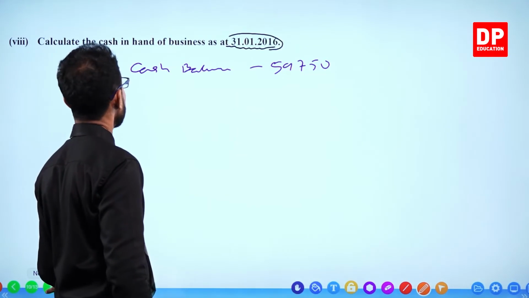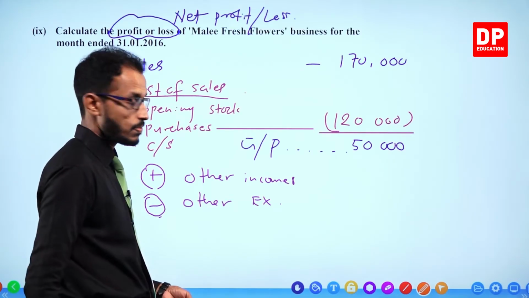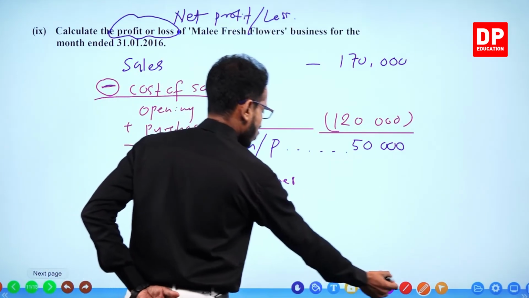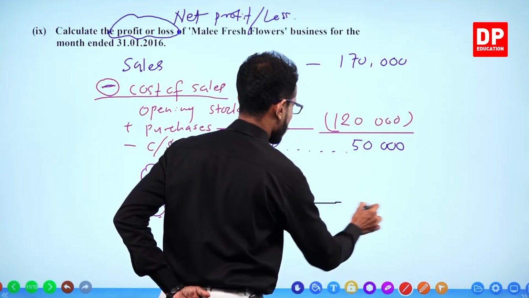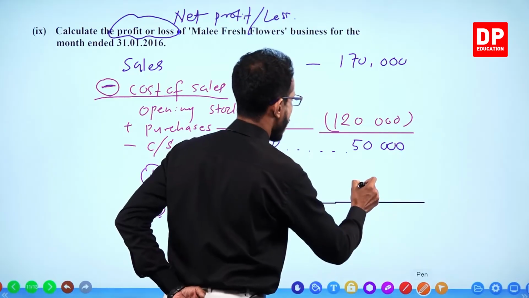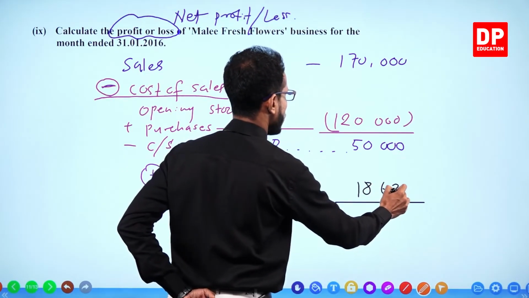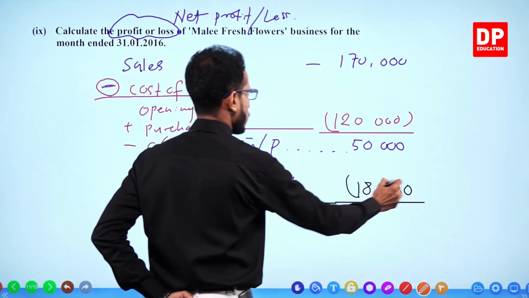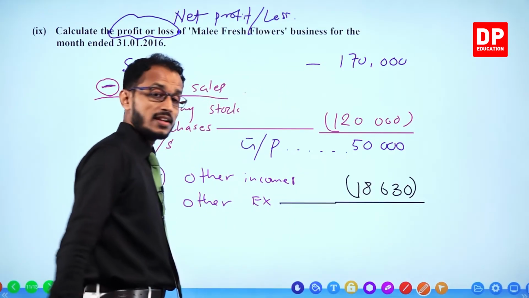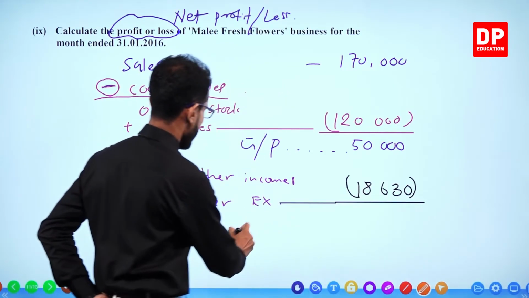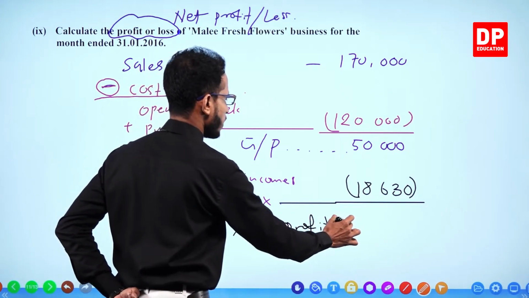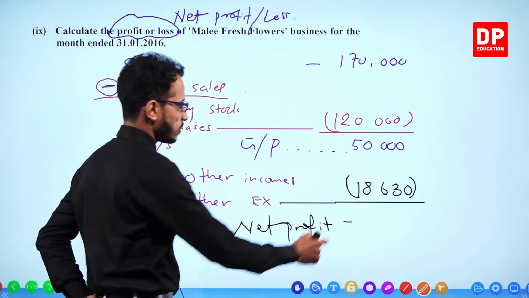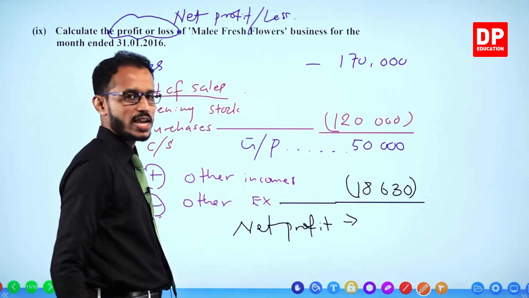We are doing the 9th part. Other expenses, 18,630. Subtract 18,630 and you will get the net profit for that month, for the month of January.